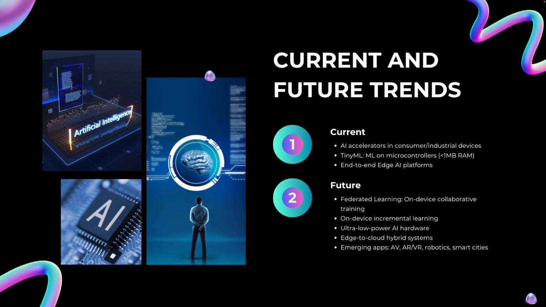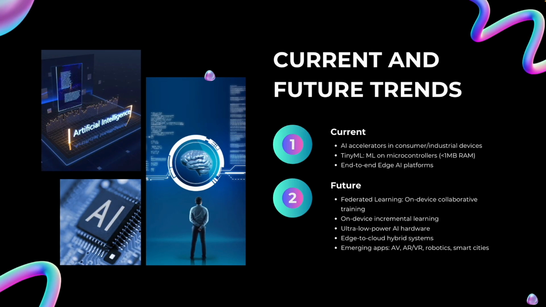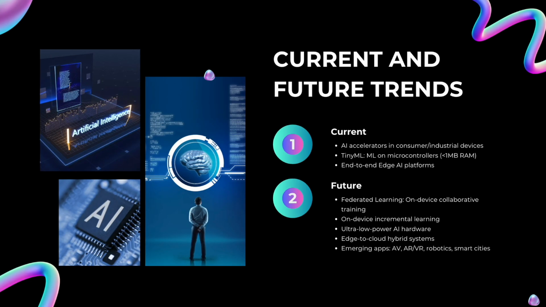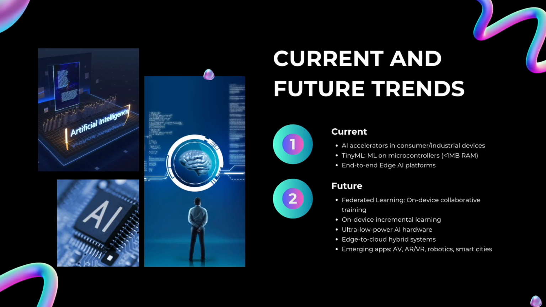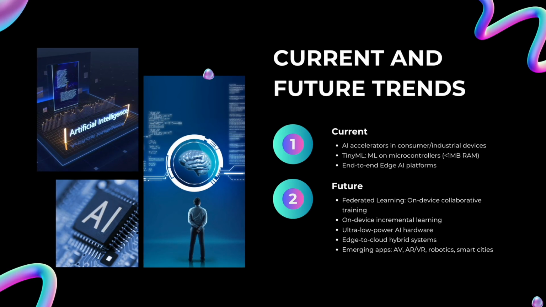This is 2025, and Edge AI is still evolving quickly. So for the current trends, there is a proliferation of AI accelerators in consumer and industrial devices. There is also growth of TinyML, running ML on microcontrollers with less than 1 megabyte of RAM.